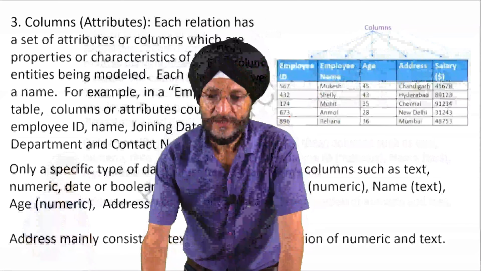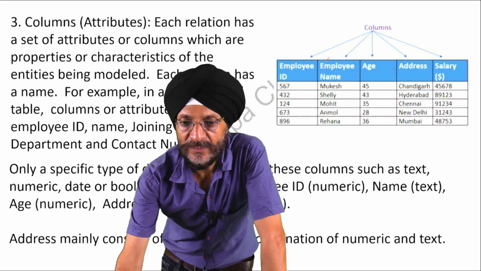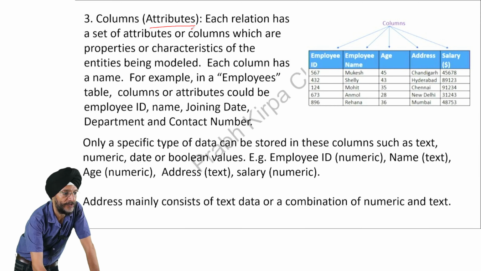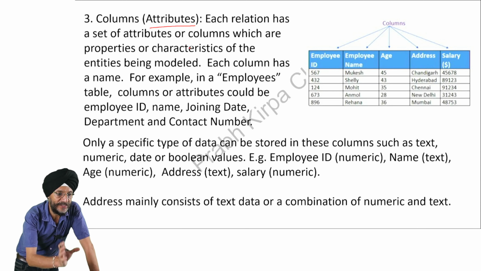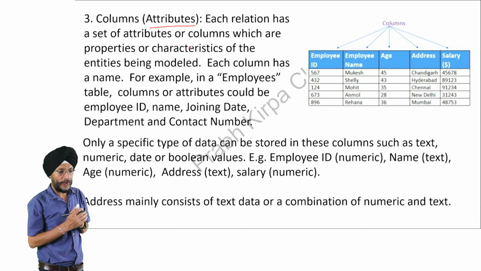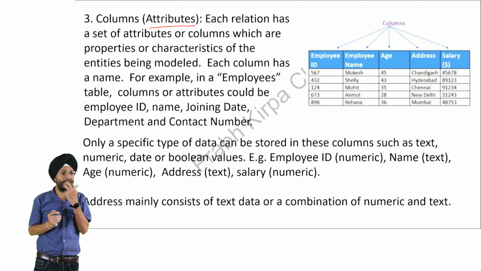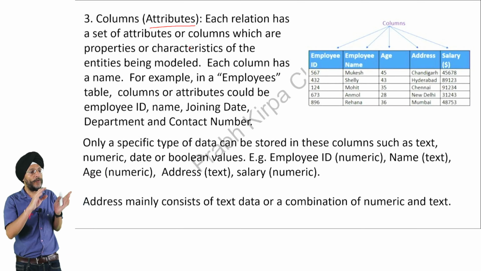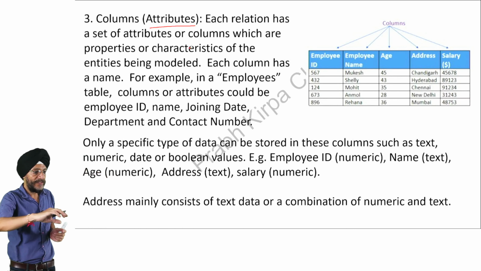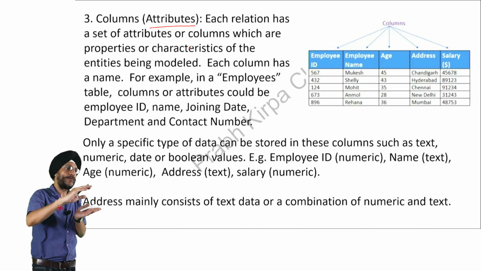Now columns. Here you can see that these are columns. Five columns have been shown, and the columns are also known as attributes, which are the characteristics of the entities being modeled. It means that when a customers table is being maintained, all the columns will pertain to the customers.